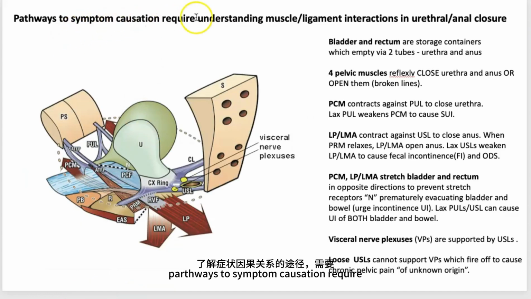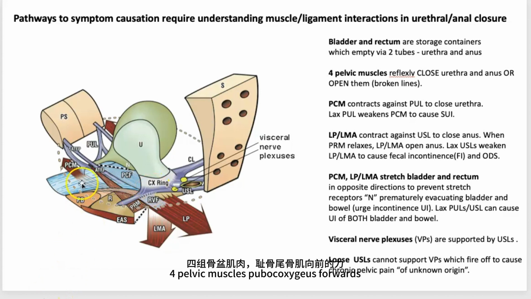Pathways to symptom causation require understanding the muscle-ligament interactions, muscles, ligaments, in urethral and anal closure. So the bladder here and rectum here are storage containers, and they empty to the outside via two tubes, the urethra and the anus.